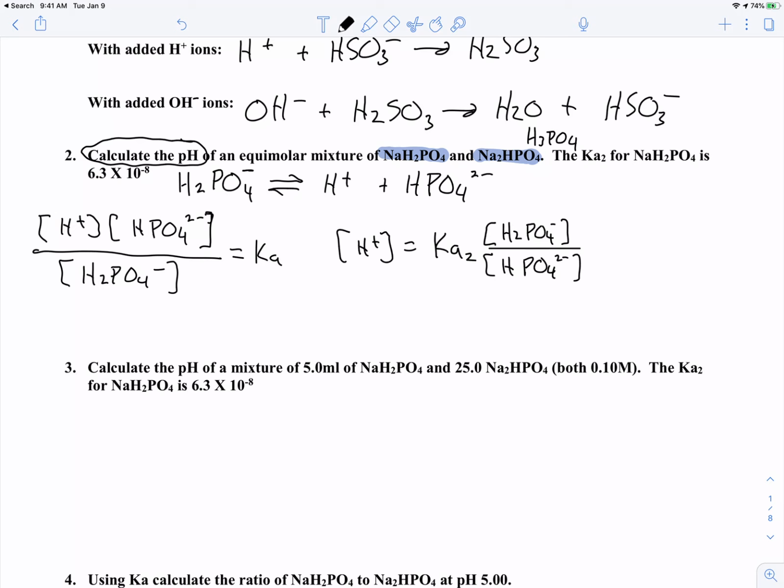Well, we said that we had an equimolar mixture. So if they're equimolar, they would cancel out because there's the same number of moles. So if we have an equimolar mixture of our conjugate acid and base, the hydrogen ion concentration will equal Ka.